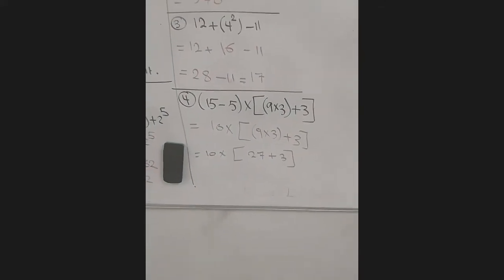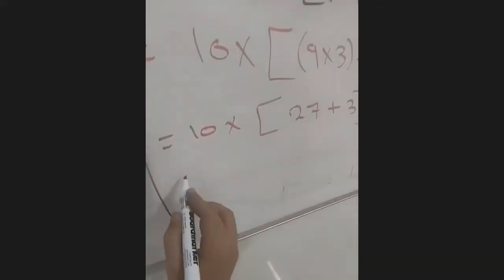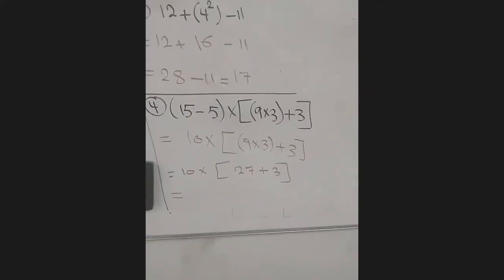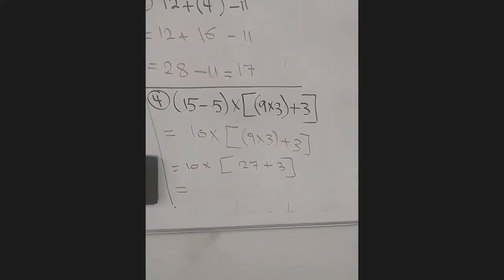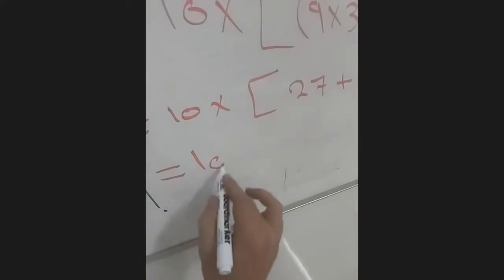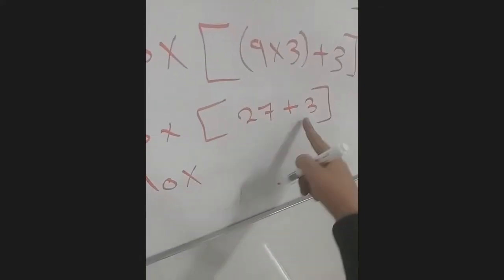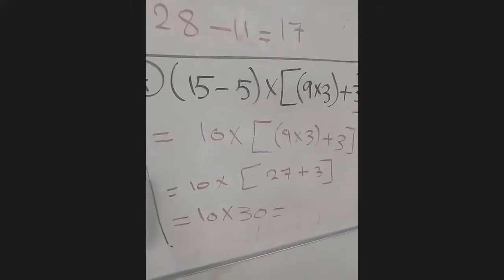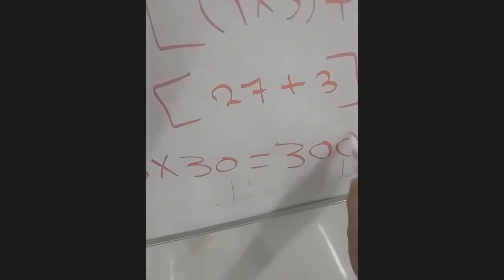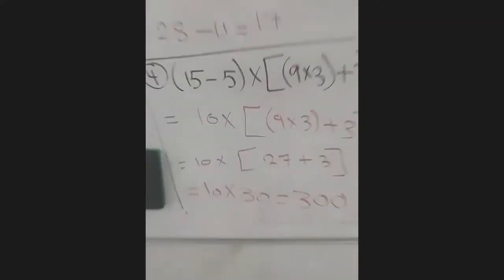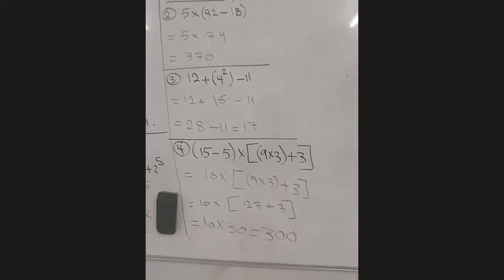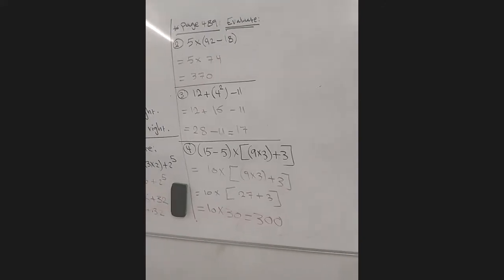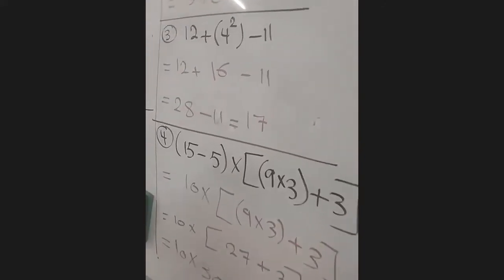Now we will complete the brackets. 10 multiply 27 plus 3, how much? 30. And we multiply the last step. 10 multiply 30 is? 300. Mumtaz. Do you understand it? Good boy. Copy, guys. This is question 4. Copy it, please.